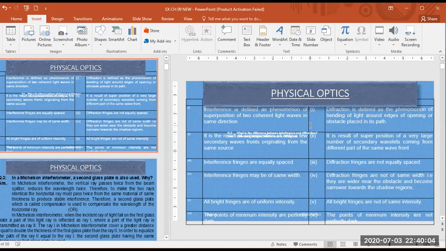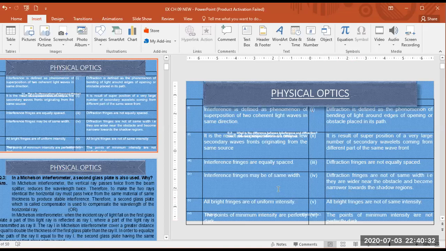So it is also linked with the destructive type of interference. But in case of diffraction, the points of minimum intensity are linked with the diffraction effect. The points of the minimum intensity are not perfectly dark. So this is another important point related to diffraction.